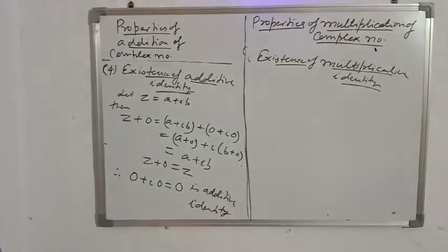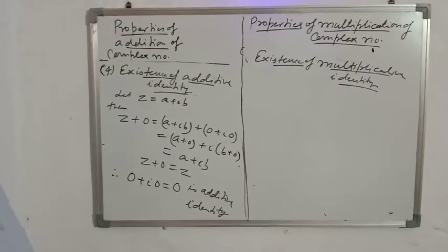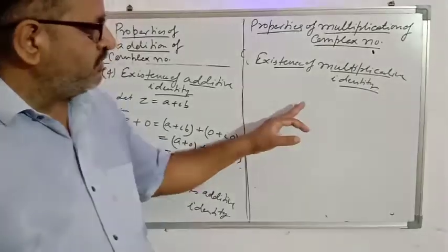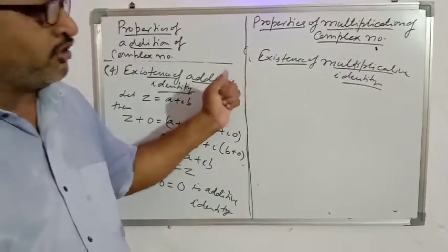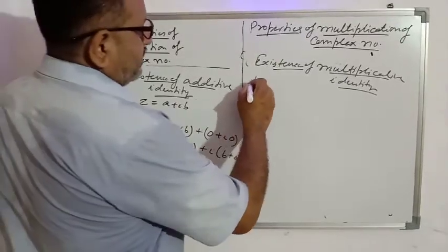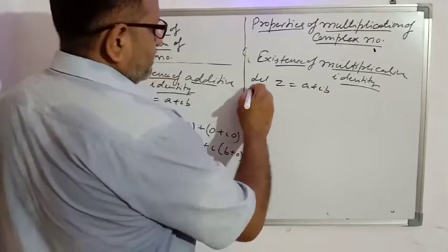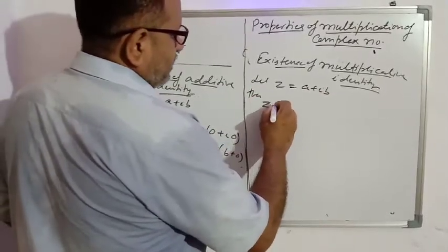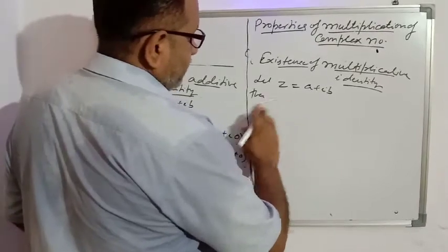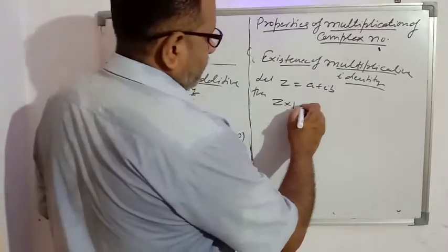Similarly, in case of multiplication, what is the multiplicative identity? Multiplicative identity is that complex number which when multiplied to any given complex number gives the same complex number. So let Z is equal to A plus IB, then Z into 1. 1 is also a complex number.